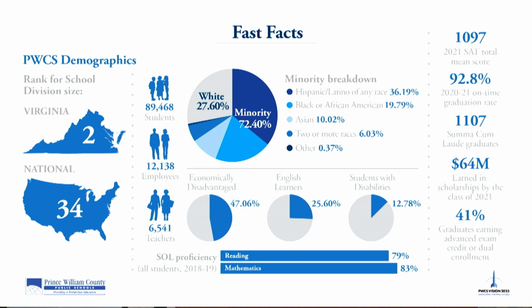Nearly 50% of our students are identified as economically disadvantaged, and we have a 25% EL student population, and about 13% of our students are identified students with disabilities. Our graduation rate is 92.8%, and our last year's senior class earned $64 million in scholarships.